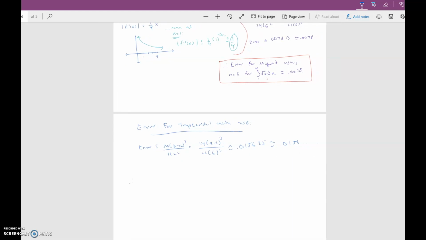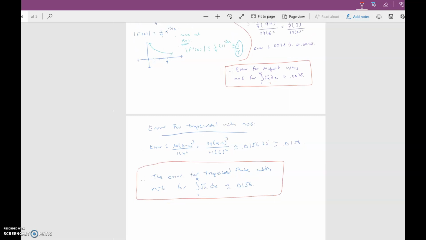So in this case, the actual error for the trapezoidal rule with n equal to 6 for the integral from 1 to 4 of the square root of x dx is going to be approximately 0.0156. Okay, that would be for this one.